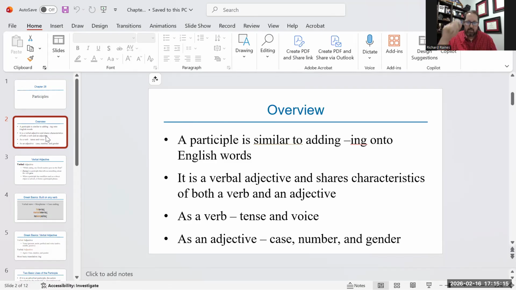So he was eating, right? That is a verb describing, in that case, what he was doing. And all this will make sense a little later. But it's a verbal adjective, and as a verb, it has tense and voice. As an adjective, it has case, number, and gender.